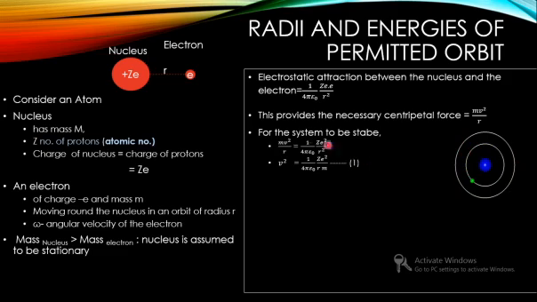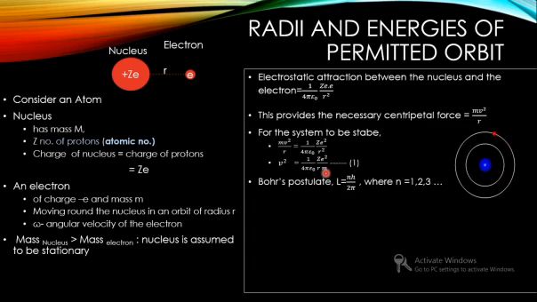From this we can deduce, taking m to the other side, one of the r will cancel off, so the remaining is v square equals 1 by 4 pi epsilon 0 times Ze square by r, the other r is cancelled, and m is from the left hand side. Let us consider that as the first equation.